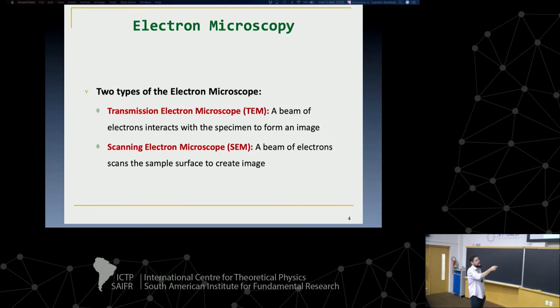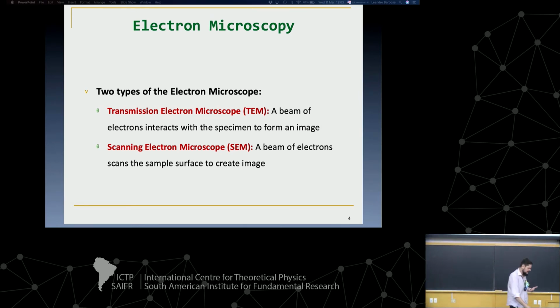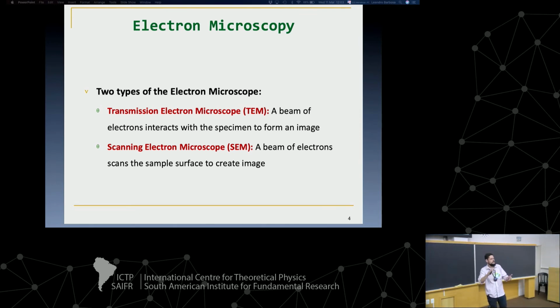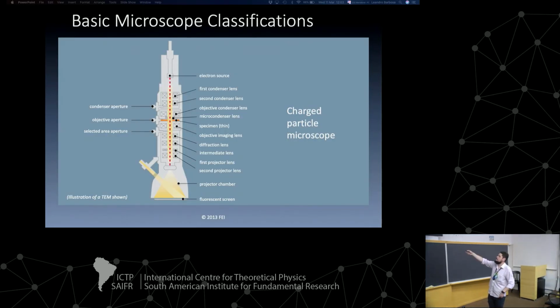In the transmission one, as the name says, your electrons must cross your sample and you detect them after crossing the sample. In the scanning one, you have the reflection of the electrons, and you get the electrons that do not cross your sample. Here is a pictorial representation of an electron microscopy system.